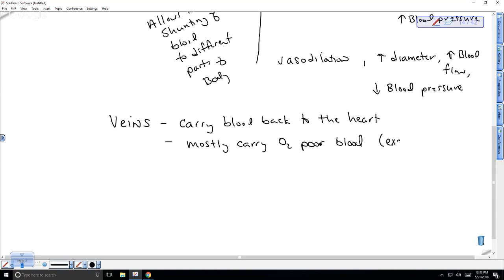Except for the above exceptions, like the pulmonary. Sorry, there's two exceptions in this. Okay, except for the pulmonary vein and the umbilical vein. So the pulmonary vein and the umbilical vein actually carry O2 rich blood back to the heart.